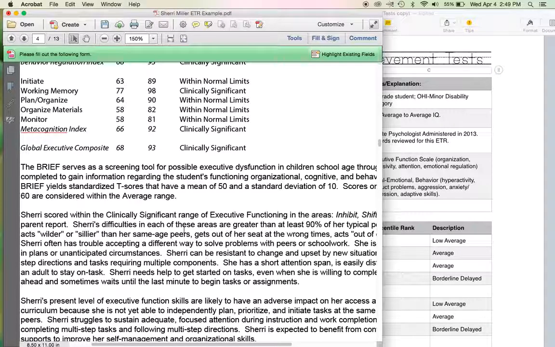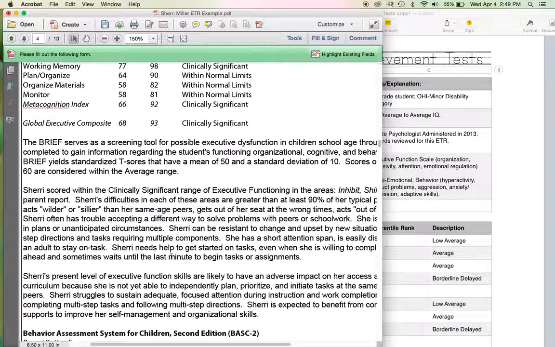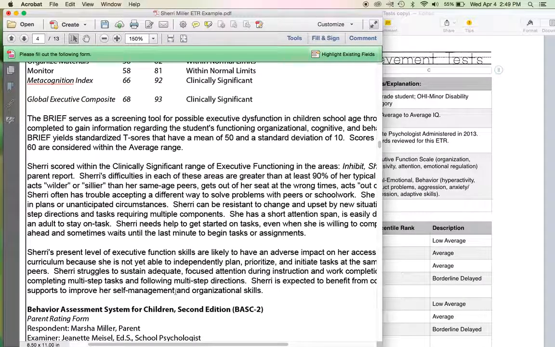The second paragraph will usually discuss the child's scores and the skills that they have strengths or needs in. And then the final paragraph will typically talk about the implications for those skill deficits on their education. So this is where we're going to pull out some of the information that we need to write our present level, but that's generally how all of these paragraphs will be organized. They will talk about the test itself and what it measures.